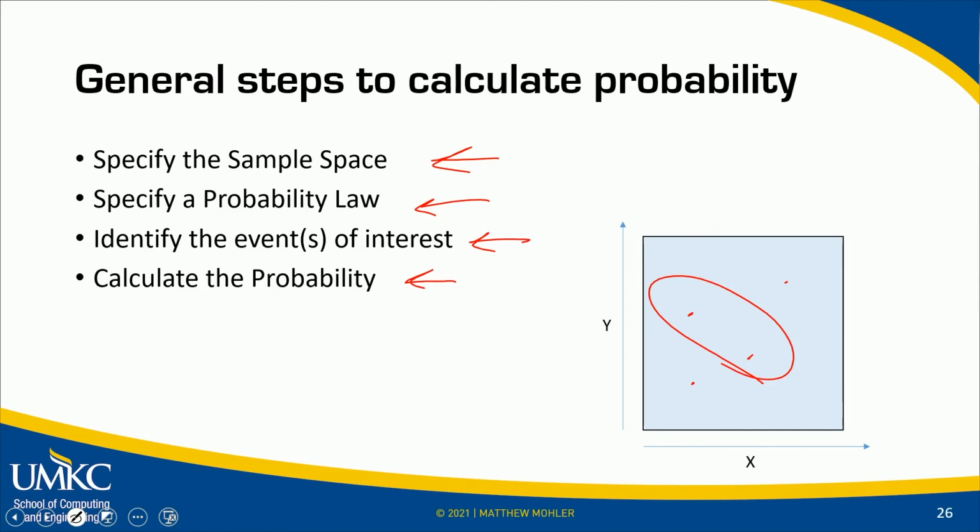And so being able to follow this very simple, honestly, 4-step process is behind every single probability problem that we'll discuss this semester. Being able to first correctly identify the sample space, then specify the laws or the probabilities of each of those potential outcomes, identifying what outcomes or events you're interested in, and then actually putting numbers to it and calculating that probability.